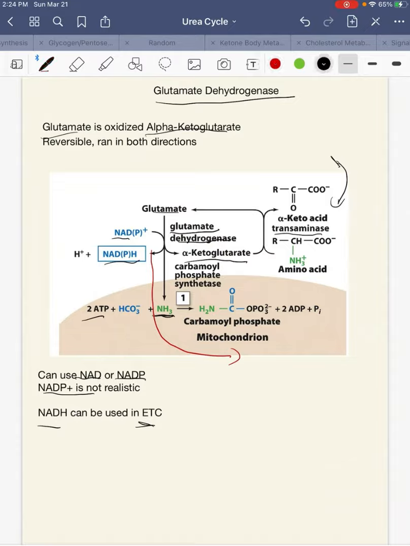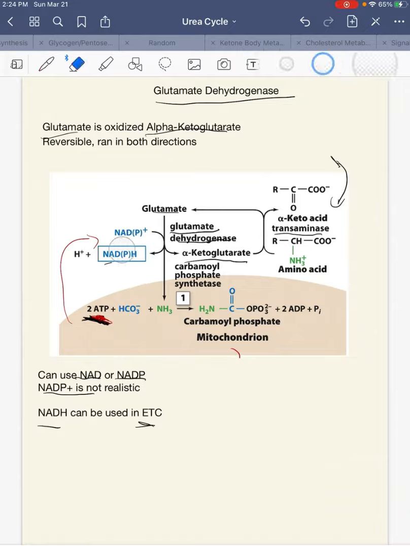If ATP starts accumulating on this side, it will negatively feedback and inhibit the reaction before it. So we'll tell the reaction, hey, we have a lot of ATP, we'll favor the other direction, because it's one of the substrates used with ammonia. So if ATP starts to accumulate, it will push all of this in this direction, okay?